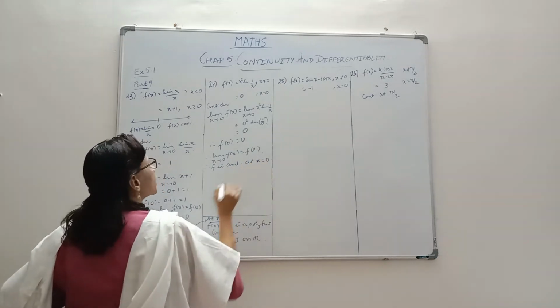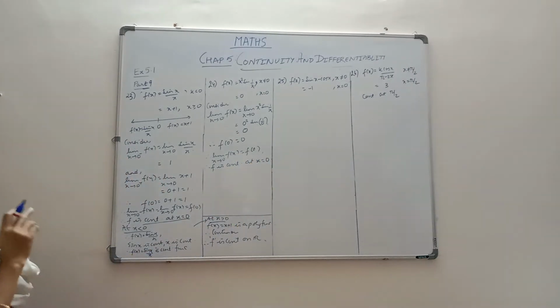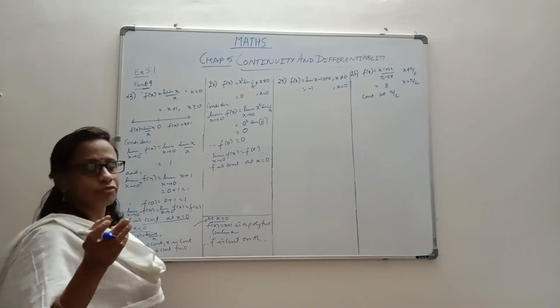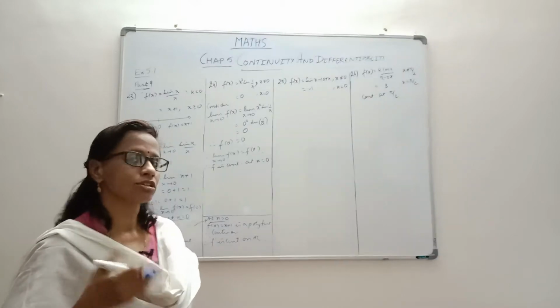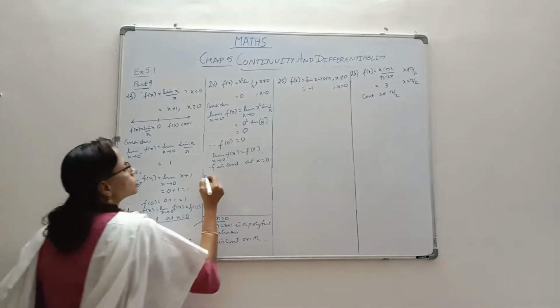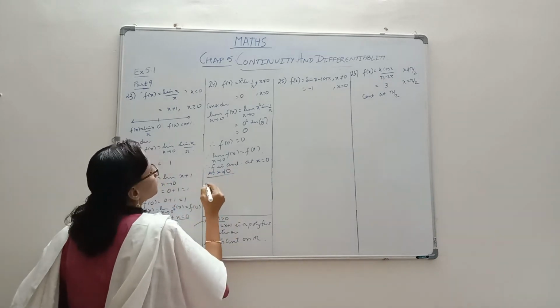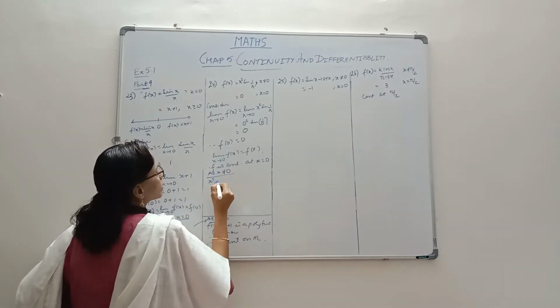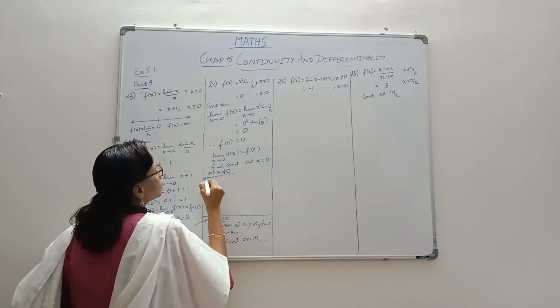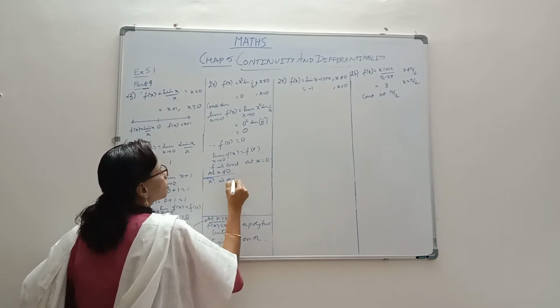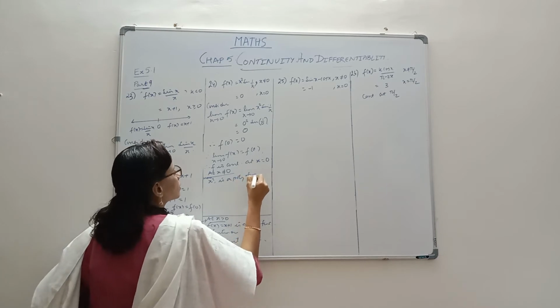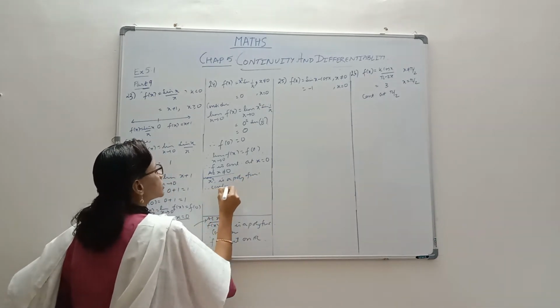Okay, how about elsewhere? Elsewhere, it is defined as x squared into sine 1 by x. Now, x squared is a polynomial function, sine 1 by x is a trigonometric function, and the product of two continuous functions is continuous. So like that, it is continuous elsewhere also. So at x not 0, here x squared is a polynomial function, therefore continuous.